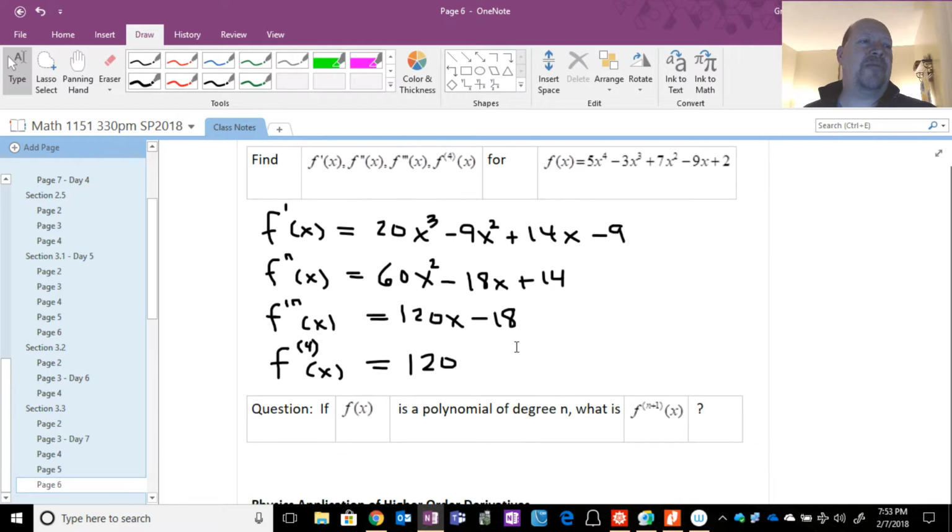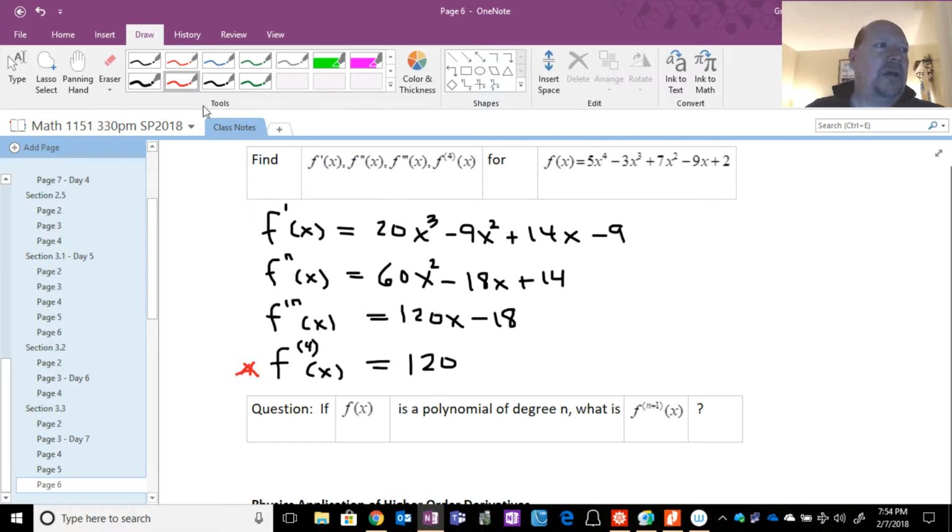So what would have happened on this particular one right here, if we were to differentiate it again and do the fifth order derivative, which would be taking it to this n plus 1 because it was a fourth degree? Well, what's the derivative of the constant 120? It's 0, right?